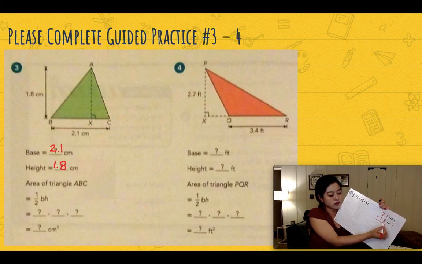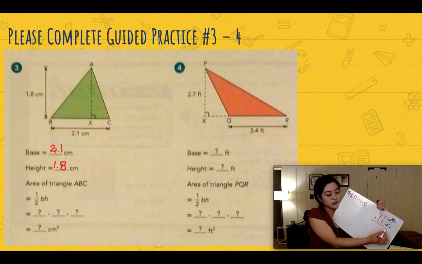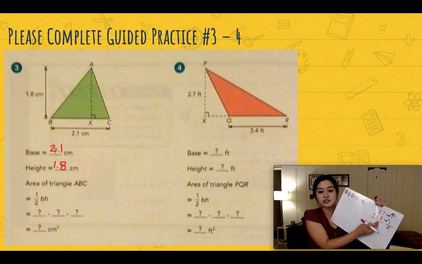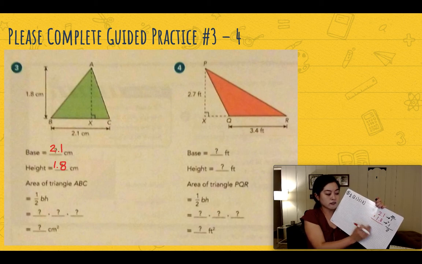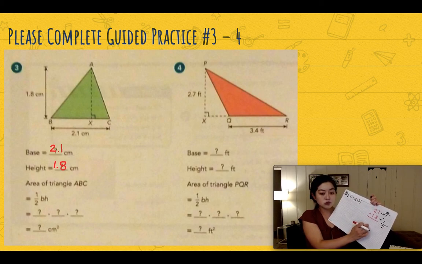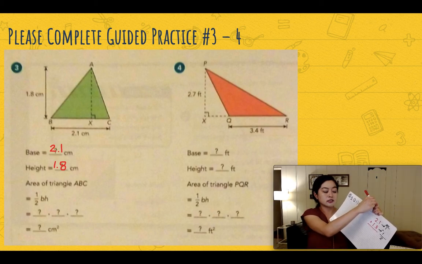In here, there's another number after the decimal point. We're going to add them together, and that's 2. So once we figure out the answer when we multiply 2.1 times 1.8, in our final answer we're going to go back 2 places to get our final answer.